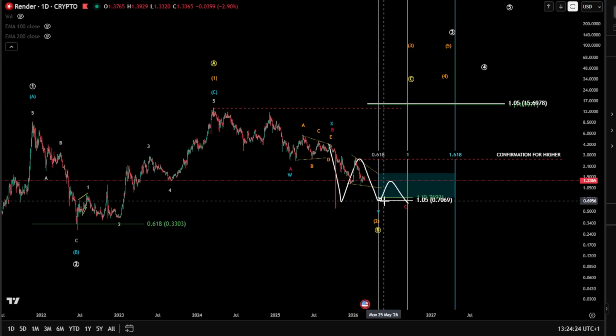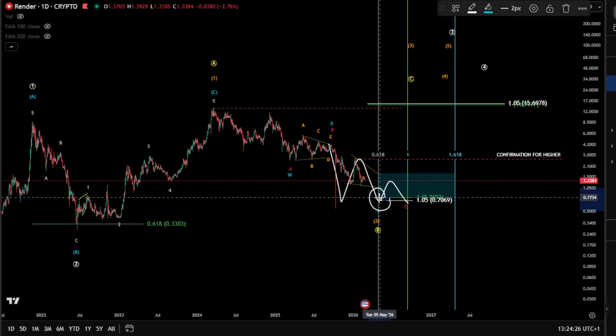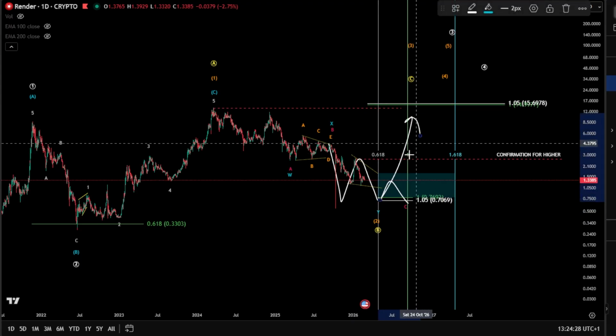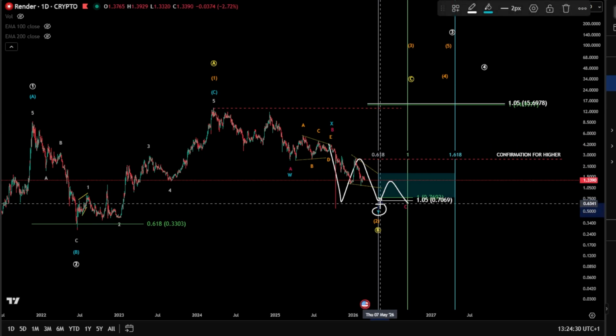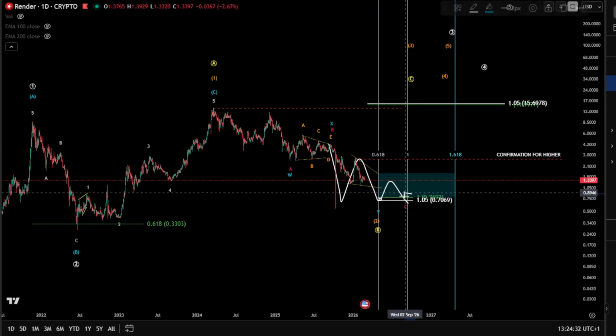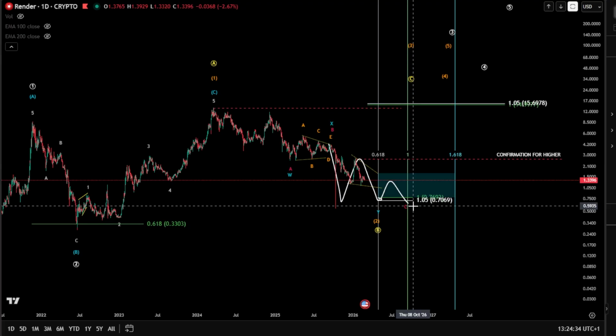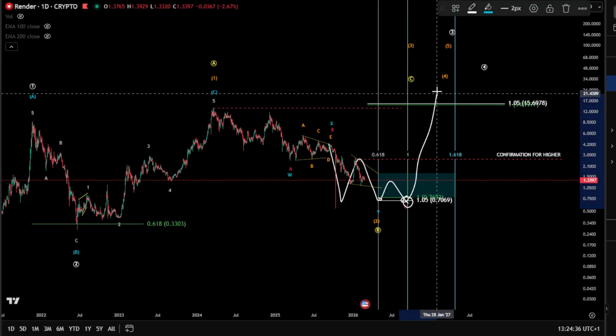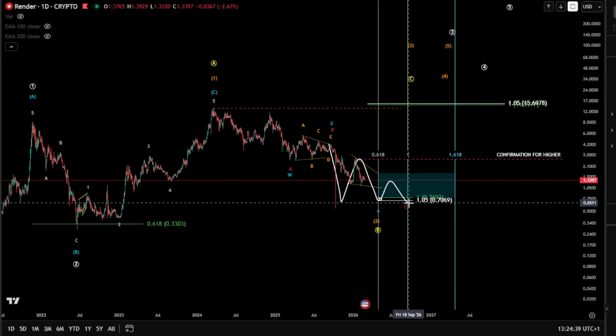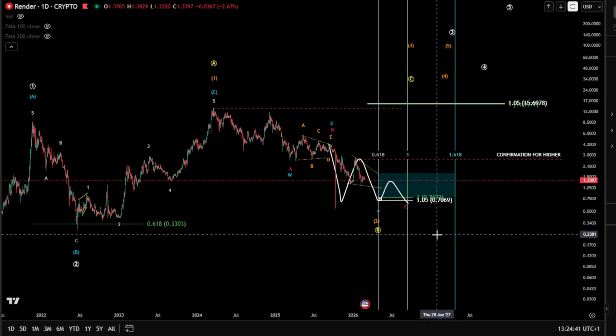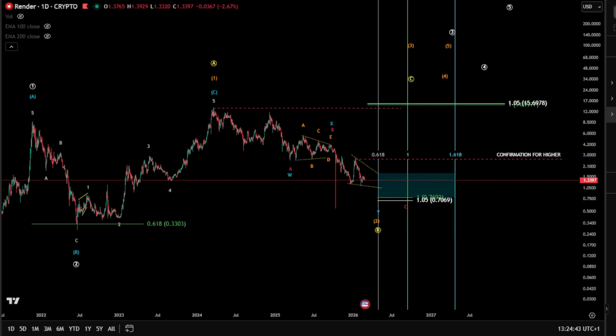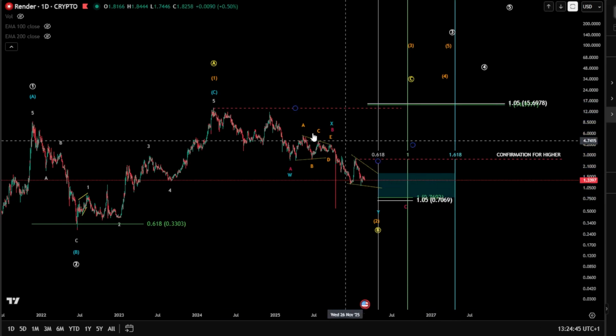So two possibilities: an early push toward the upside can be in April 2026, finishing in a wave Y. And I would say perfection would be the 5 waves, wave C finishing at 1-to-1 fib time, 1-to-1 fib level as well, and then pushing for a wave C toward the upside. So we'll see which scenario is unfolding.